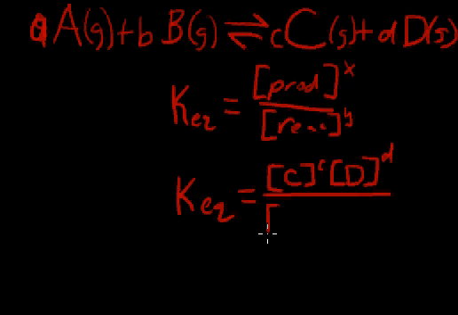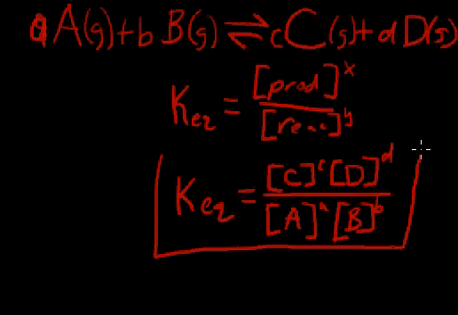So the concentration of substance A raised to its exponent times the concentration of substance B raised to its exponent, the exponent of its coefficient. And so here becomes a very generic form of the equilibrium expression.